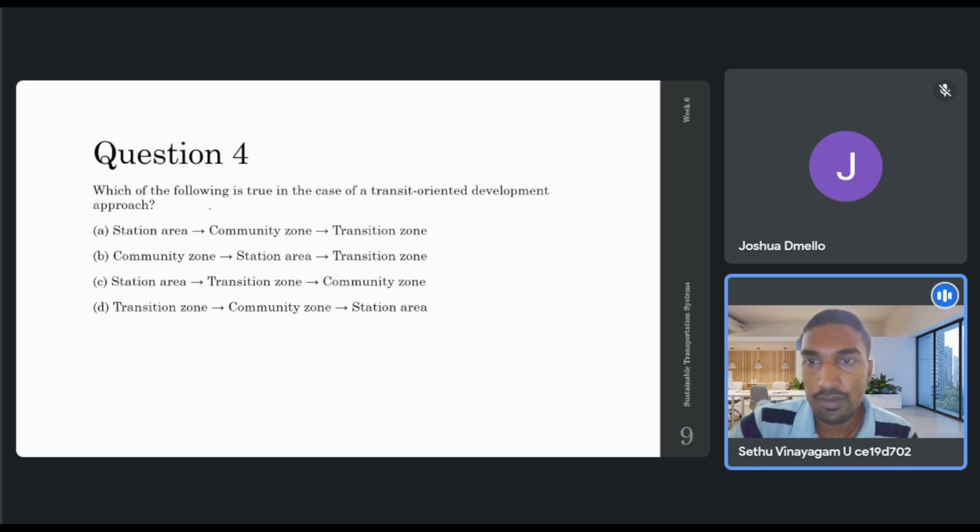Right? So basically, we want to arrange them in the right sequence as we see from a transit station. So as we go away from a transit station, what is the sequence in which these different areas or zones are observed in a transit oriented development approach? So that's what we want to find out. So we have to find one of these four options which is correct.